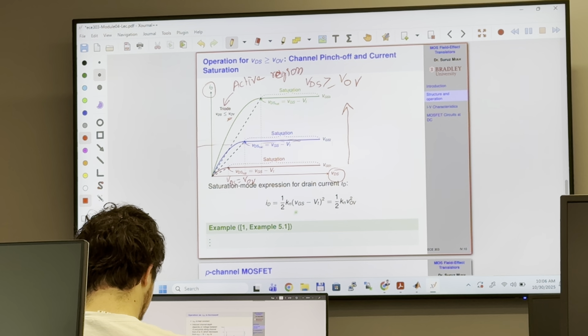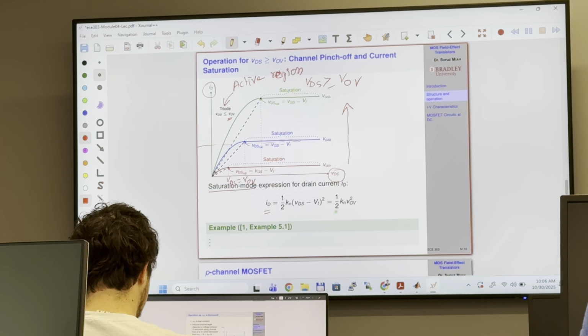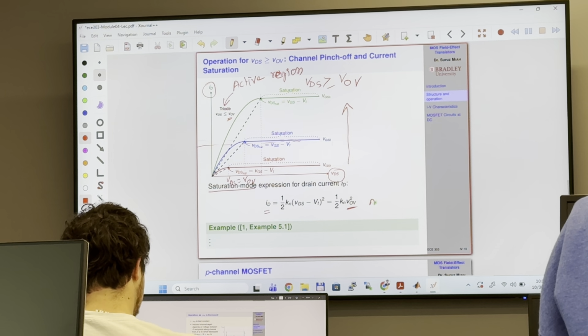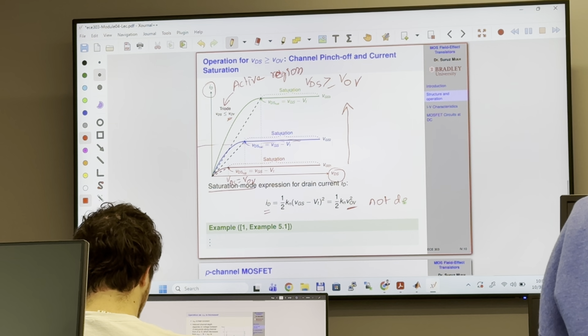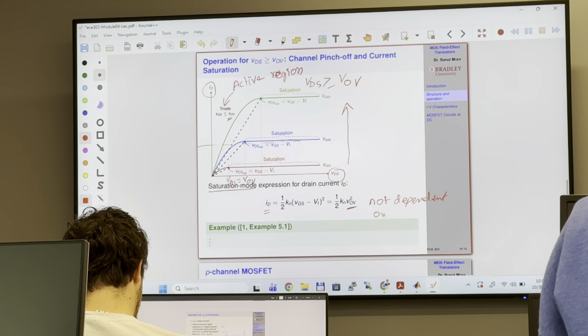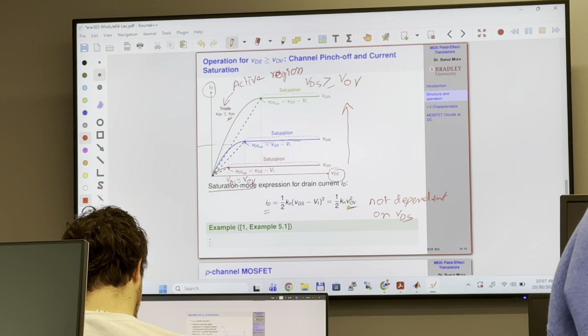And we are going to use this formula in the saturation region. In saturation mode, ID is going to be a function of just the overdrive voltage. So here it does not depend on VDS. So that is the saturation mode voltage-current relationship.